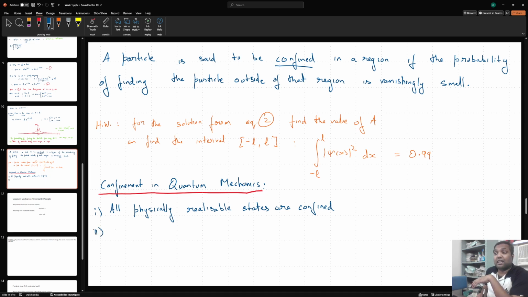Secondly, any confined quantum particle will have quantized energies.